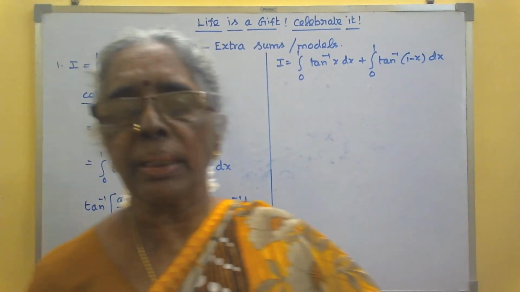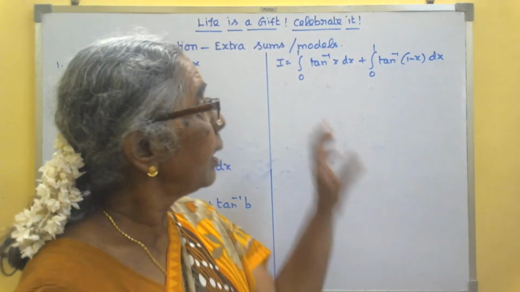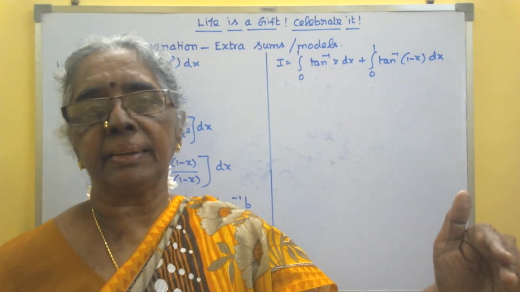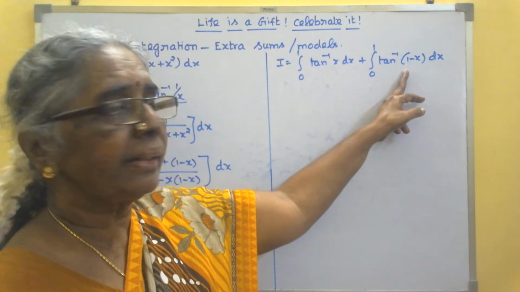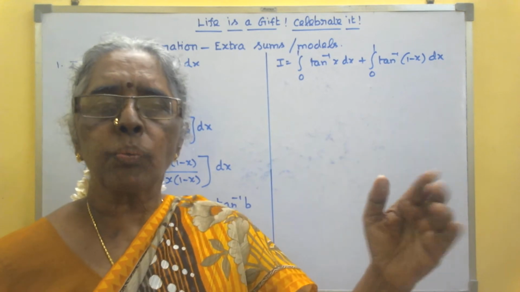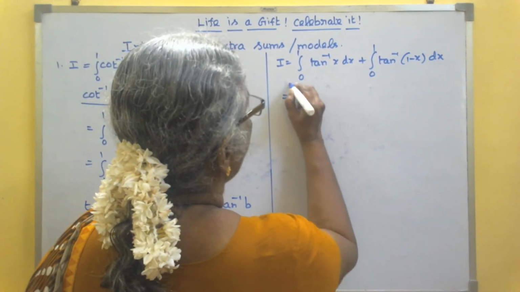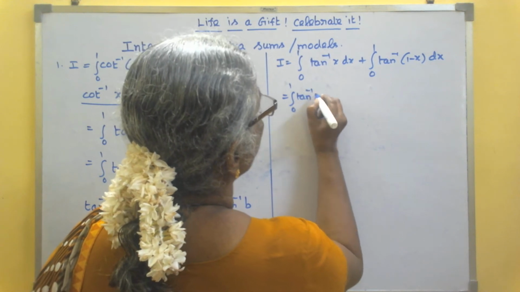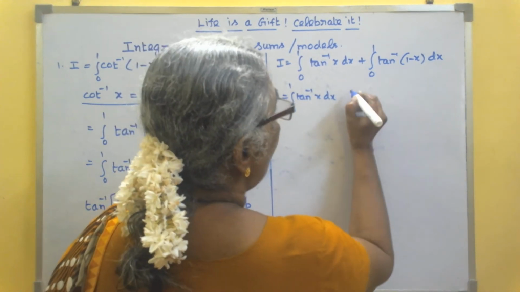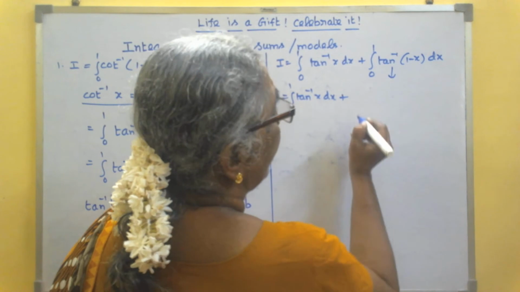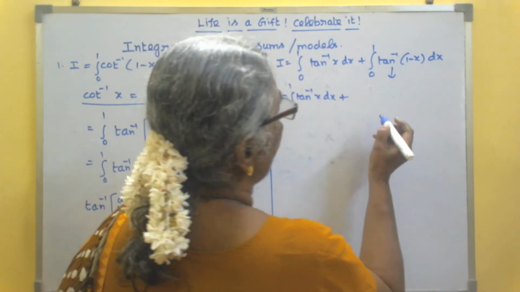Now I have two integrals. Keep this first integral as it is. For the second integral alone, you use one property of definite integrals. Now for this integral, I am going to use the property.